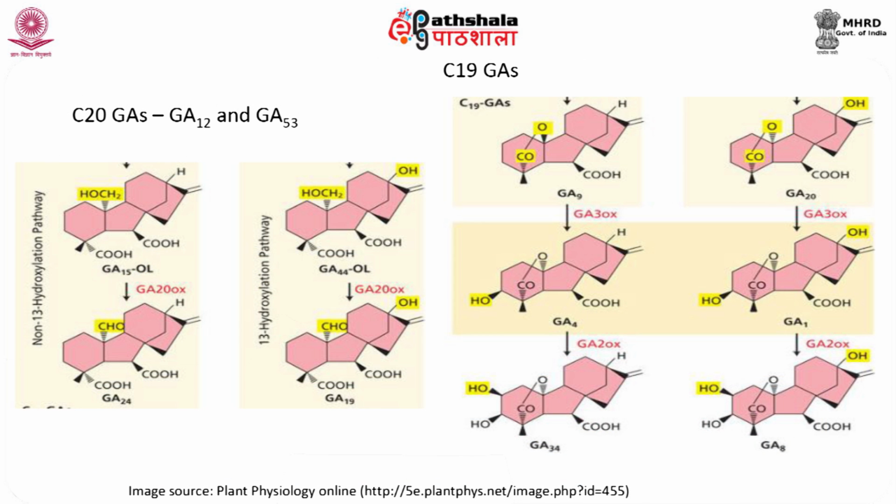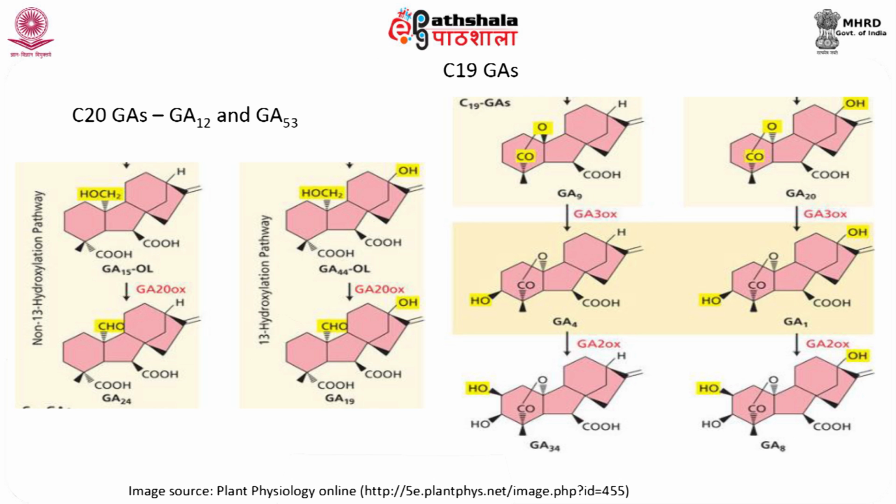The conversions are carried out by cytosolic dioxygenases and mainly consist of oxidations at C20 that result in the formation of C19 GAs like GA9 or GA20, which show the presence of a lactone ring. Further oxidation leads to the third carbon hydroxylated products GA1 and GA4.